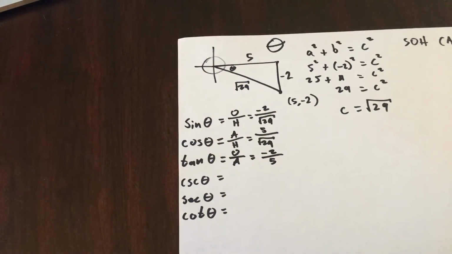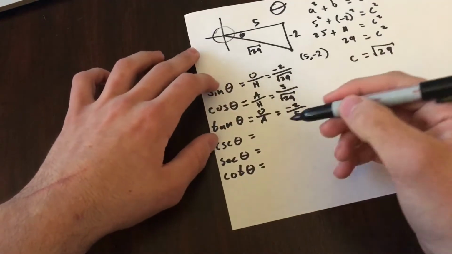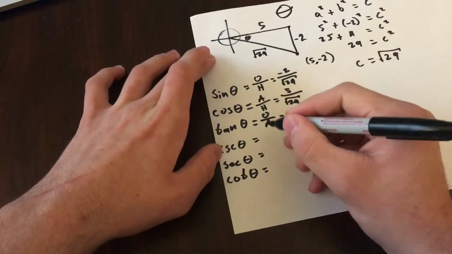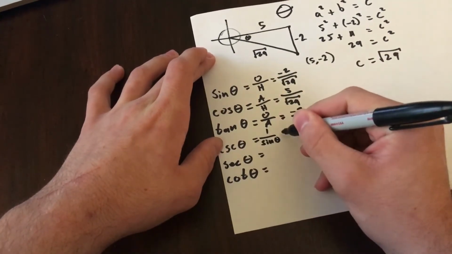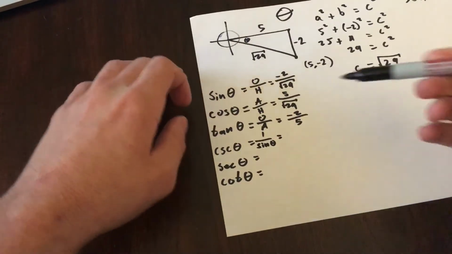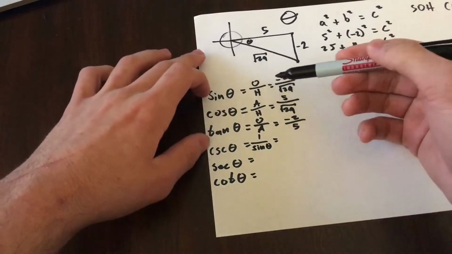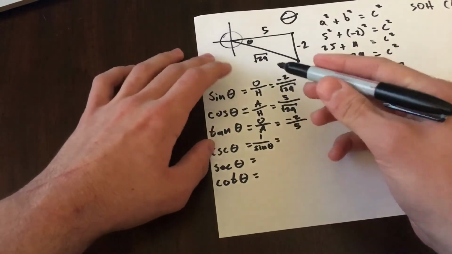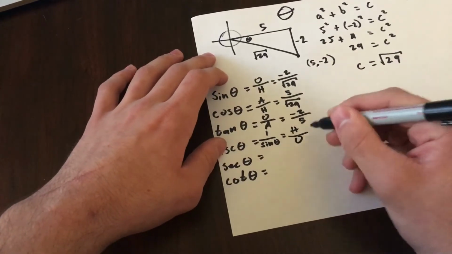Now we're into the inverse trig functions, which basically you're just going to follow a similar process, but we know that cosecant is equal to 1 over sine. So basically what we can do is just flip how the fraction's oriented for all of the normal trig functions. So for cosecant, instead of opposite over hypotenuse, it's going to be hypotenuse over opposite.